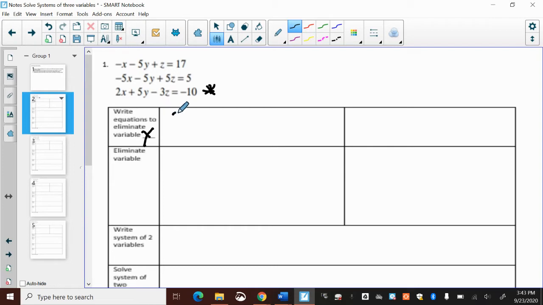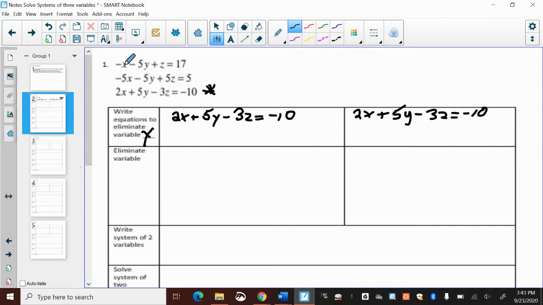So let's write that equation in both spots. I'm going to rewrite it over here: 2x plus 5y minus 3z is equal to minus 10. All right, then we need to write each of the other 2 equations to make pairs.